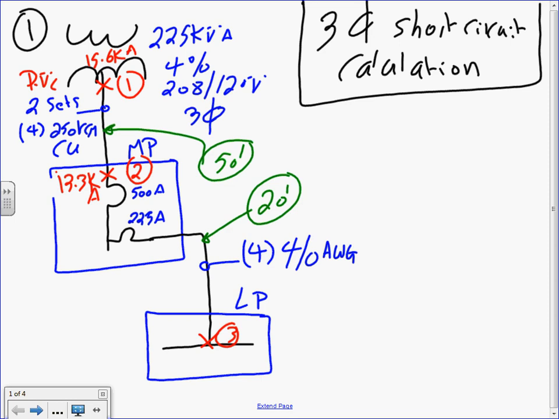I'm going to go ahead now and do the same calculation, guys, at point 3. At point 3, I want to remind you the distance is 20. The cables are 4-aught. How many runs do we have? One run.